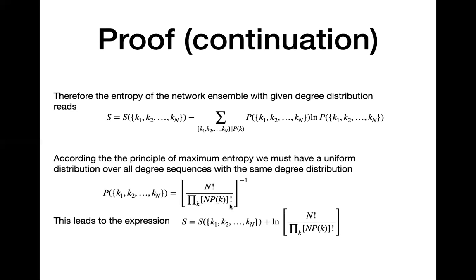And then practically you insert this definition inside here, the entropy associated with the number of ways in which you can realize a degree distribution, and you get this expression. This is the answer we wanted to have.